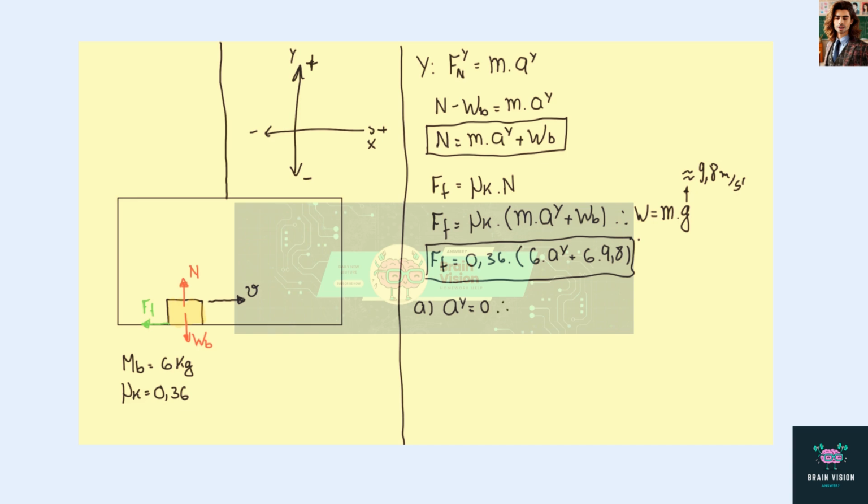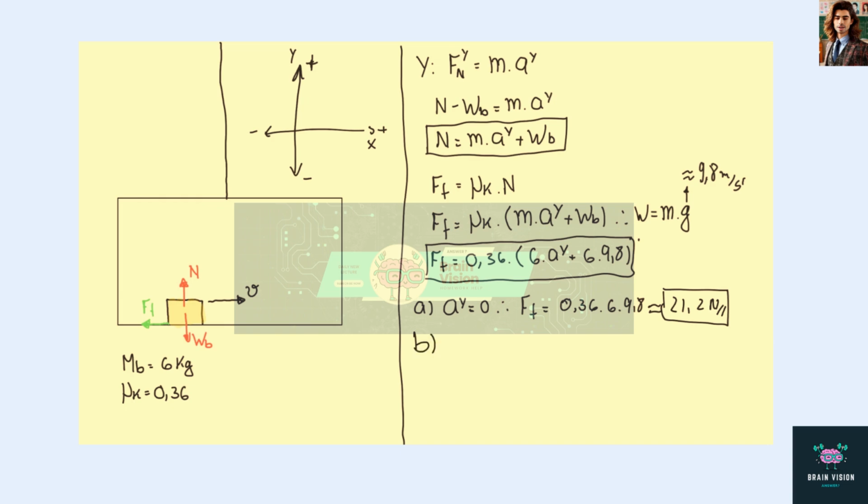Therefore, the frictional force is equal to 0.36 times 6 times 9.8, because the acceleration term is equal to 0. So we are left with this term times 0.36. And this gives us a frictional force of approximately 21.2 newtons. So this is the answer of the first item.